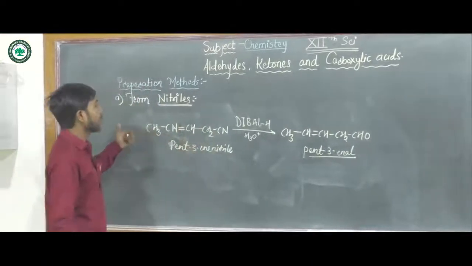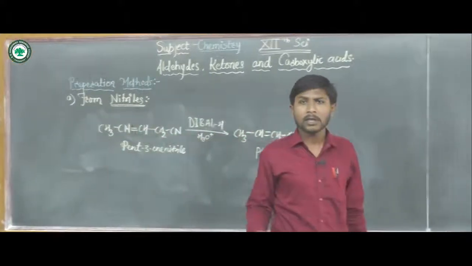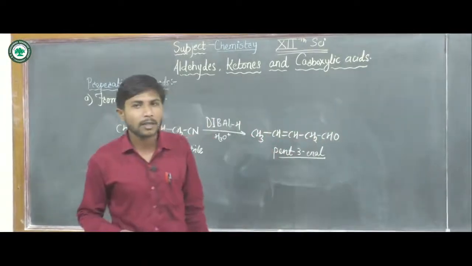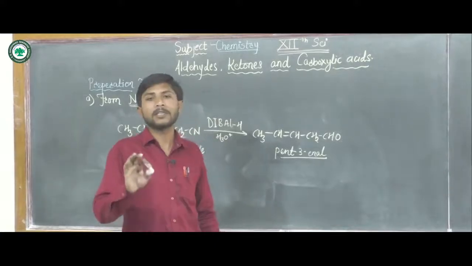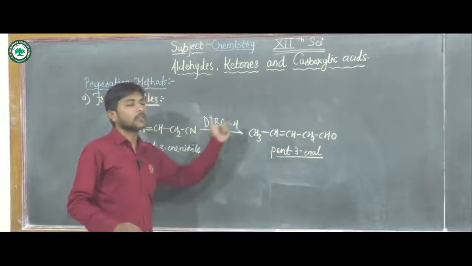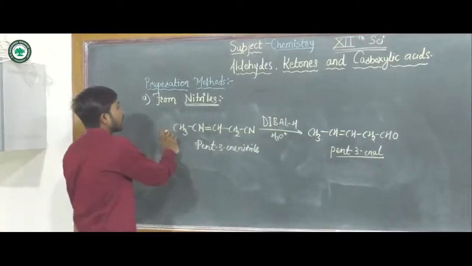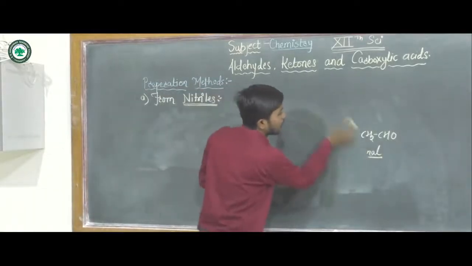And again, for the preparation of ketones, how can nitriles be reduced? By the reaction of nitriles with Grignard's reagent, a magnesium complex intermediate is formed, and these intermediates on acid hydrolysis give the corresponding ketone. These two were the reactions for the preparation of aldehydes.